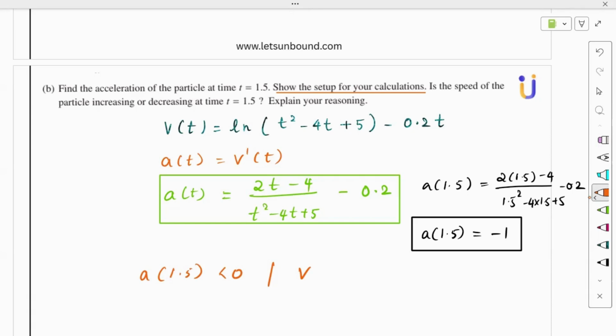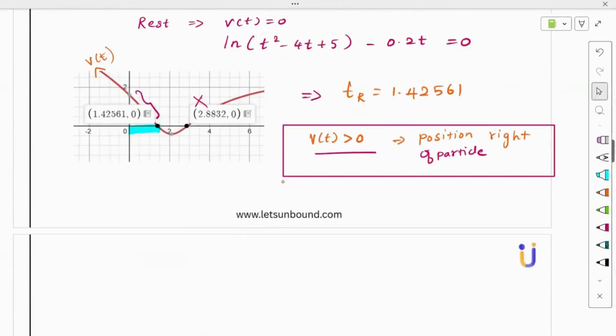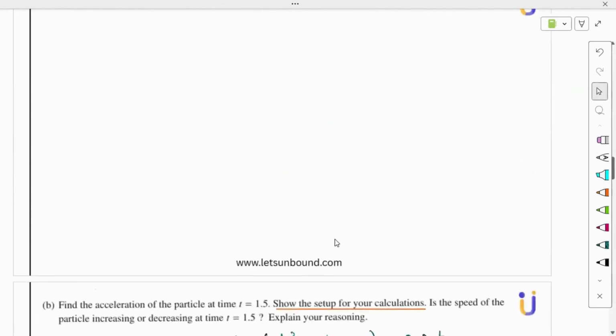Correct? So a of 1.5 is less than 0, just now we have calculated. What is v of 1.5? We can check that from our graph. Let me show you. We already graphed v of t, right? So v of 1.5. So this is 1.4. After that, it goes below. So 1.5 is past that, so v of 1.5 is less than 0.